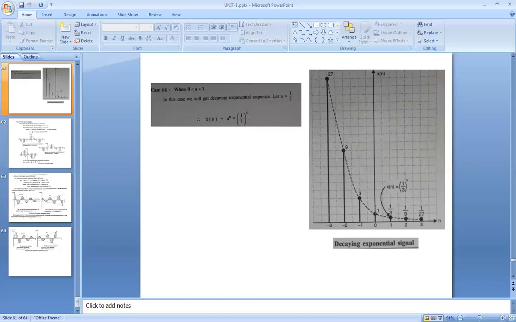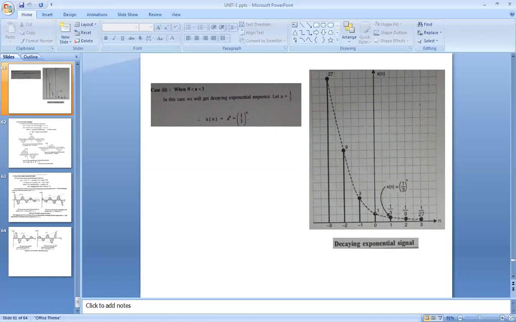When you put n equal to minus 3, x of minus 3 is equal to 1 by 3 raised to minus 3. When you solve it, 1 by 3 raised to minus 3, you will get 27. So 27 is marked over x of minus 3.